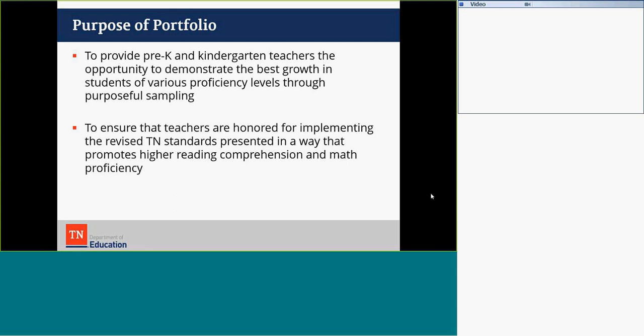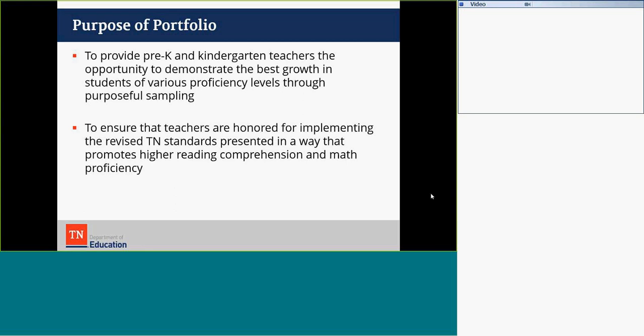Along with the idea of the best growth, that also means we are determining those student work artifacts that represent a differentiated group sample in the best way. We'll talk more a little later about purposeful sampling and what that means. It's also to ensure that teachers are honored for implementing the revised Tennessee standards.